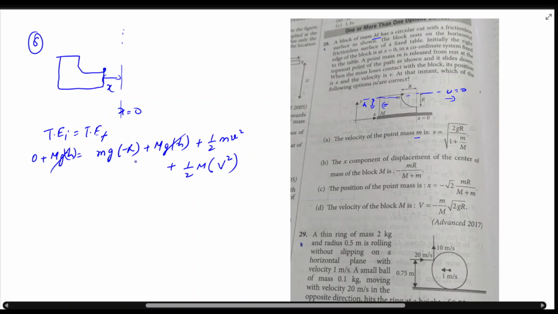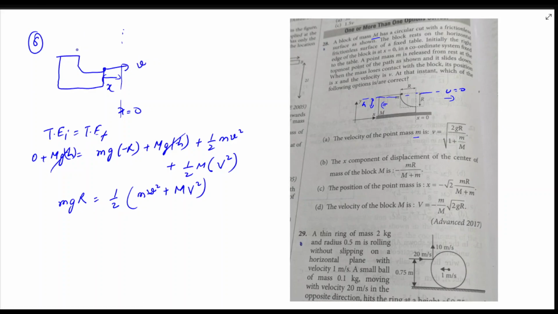So this will cancel, and we have mgR equals half m v squared plus capital M capital V squared. Here the small particle moves with small v and the block with capital V.